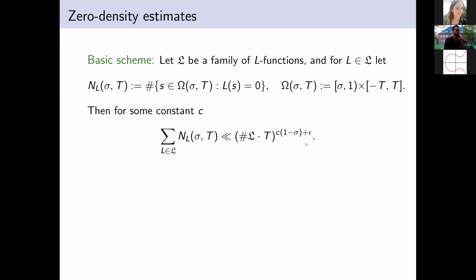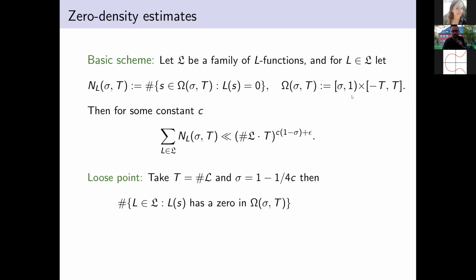And the way this should be processed, if you haven't seen this kind of thing before, is that, for example, I can take t to be the size of my family, and I could take sigma to be 1 minus 1/4c. These numbers are rigged, so the output here is going to be the size of the family to the 1/2. If you do that, you can then ask how many L-functions in my family have a zero in this region.